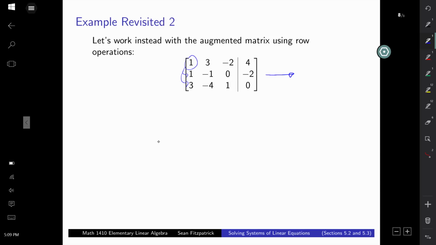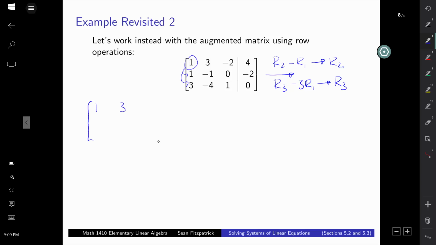We could take row 2 minus row 1 and make that the new row 2. While I'm at it, let's also take row 3 and subtract off 3 times row 1 and make that the new row 3. I'm doing two steps at once, but each one involves a different row, so I don't have to worry about these conflicting with each other.